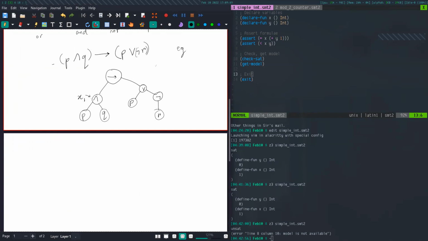So this sits on this node and refers to the non-trivial subformula P and Q. Similarly, we have a non-trivial subformula not R, so let's call this X2. We have P or not R, so that is X3. And then X1 implies X3, so that is our final whole formula X4. So when I say non-trivial, I mean non-single variable. This entire formula is still going to be taken as one variable, right?